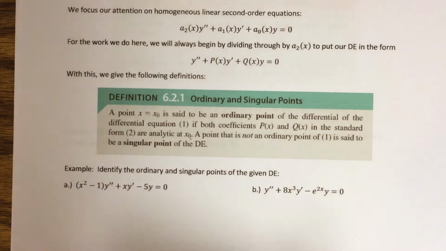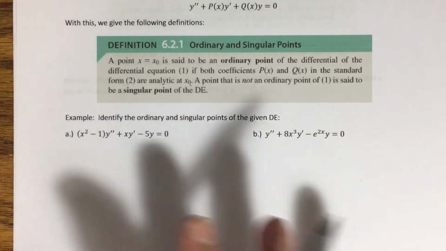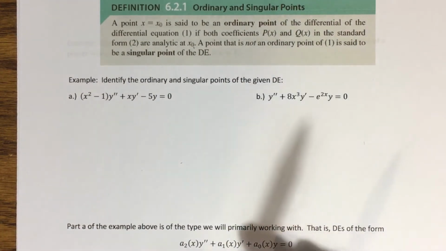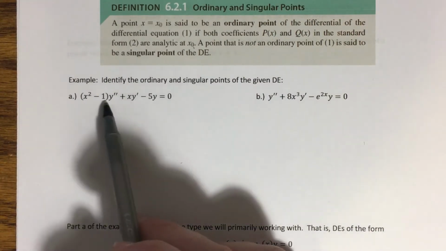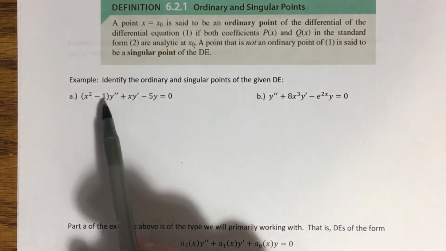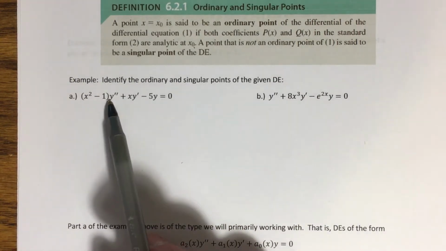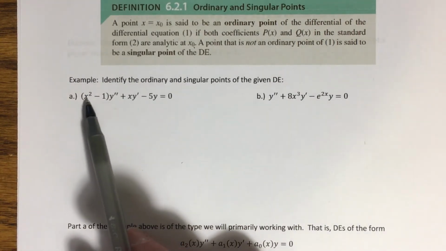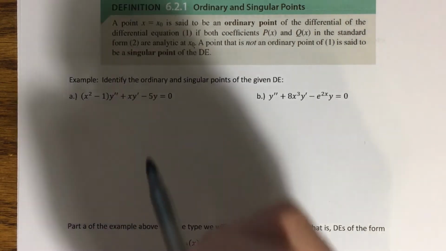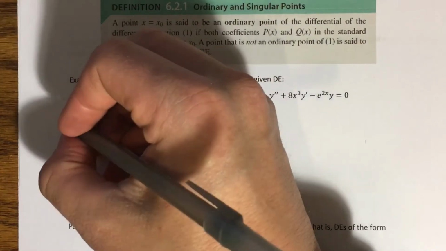Okay? Now, let's take a look at a couple of examples where we want to identify ordinary and singular points. So this DE, to begin with, is not in the standard form that we want it to be in. We want that coefficient on my y double prime to be a 1. So the first thing I would need to do is divide everything by x squared minus 1. For this first example, I'll go ahead and do this.